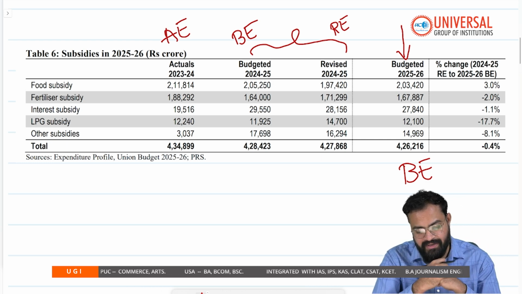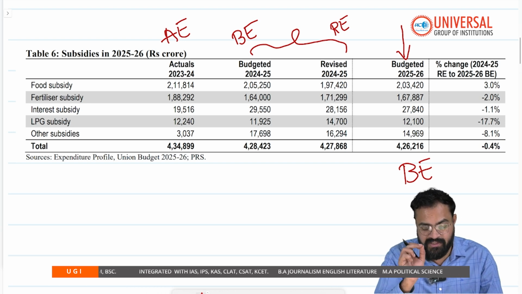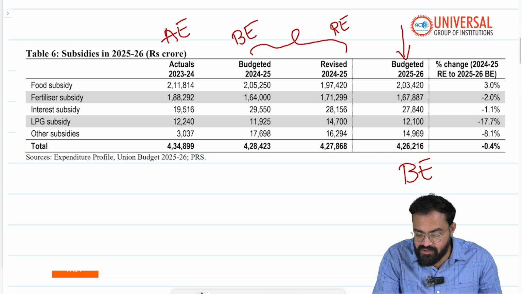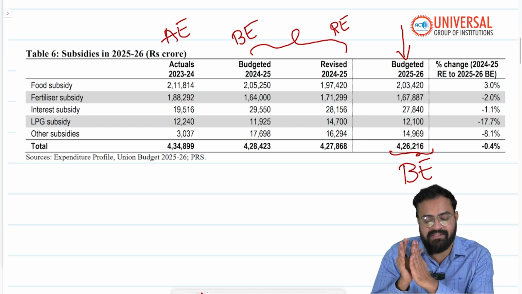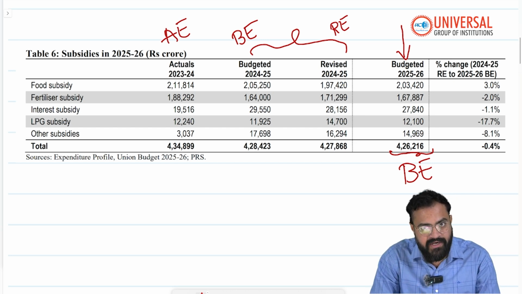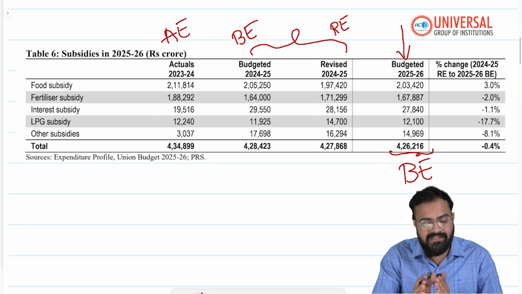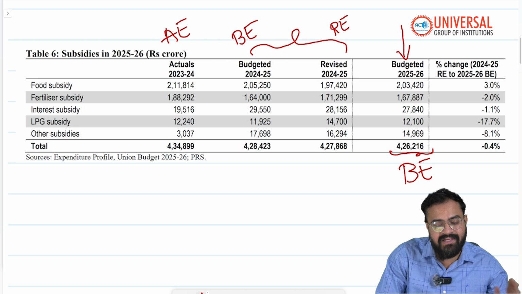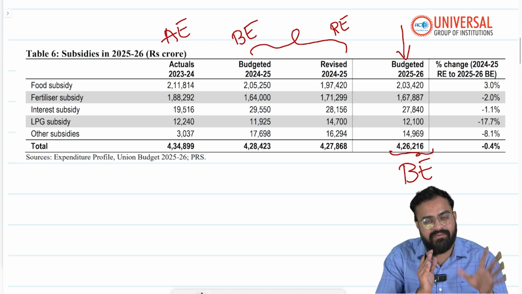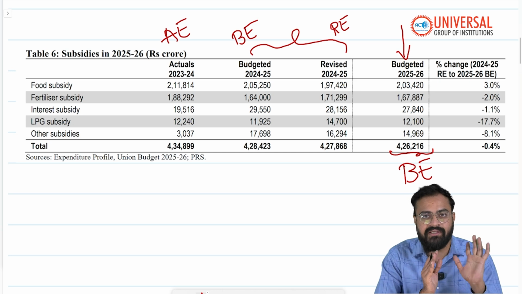As you can see very clearly, the total expenditure towards the subsidy right now happens to be 4,26,000 crore. This is less than the revised estimation of the current financial year, because we are still in the month of February, as well as the budgeted estimation of the present financial year, as well as the actual amount spent in the previous financial year, that is 23-24.